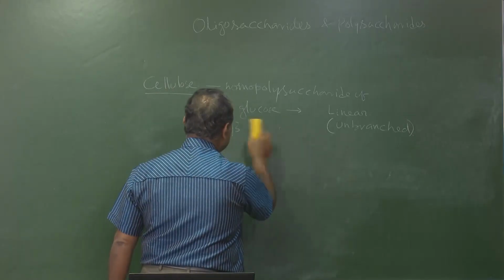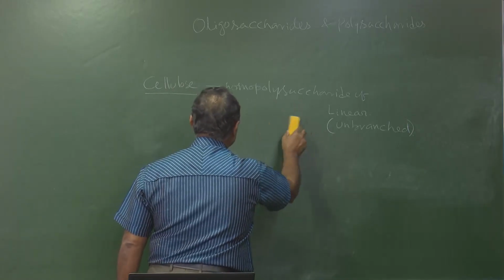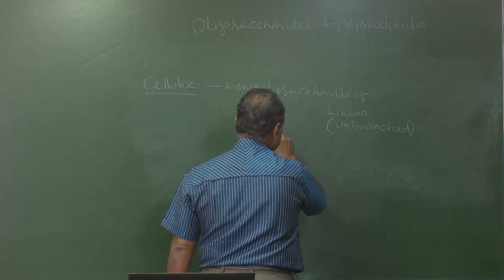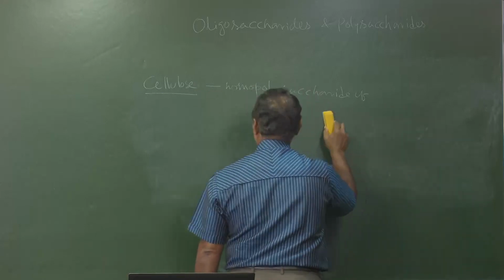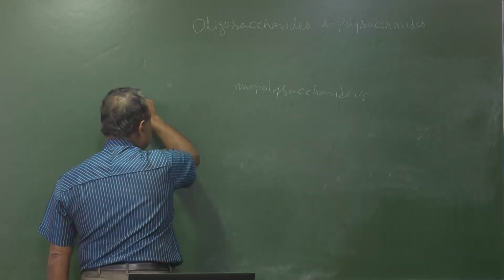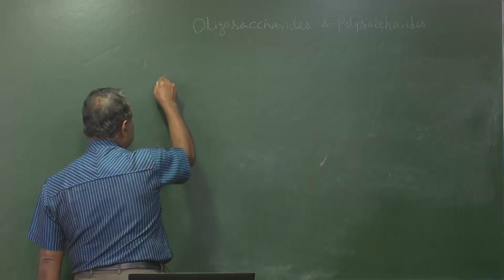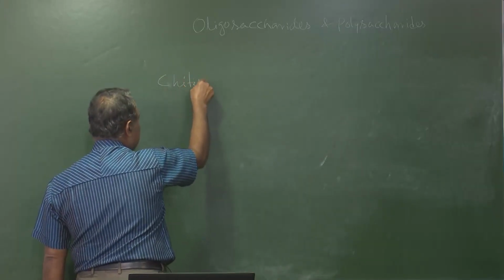So next we think of another structural homopolysaccharide, that is chitin. Second candidate is chitin.